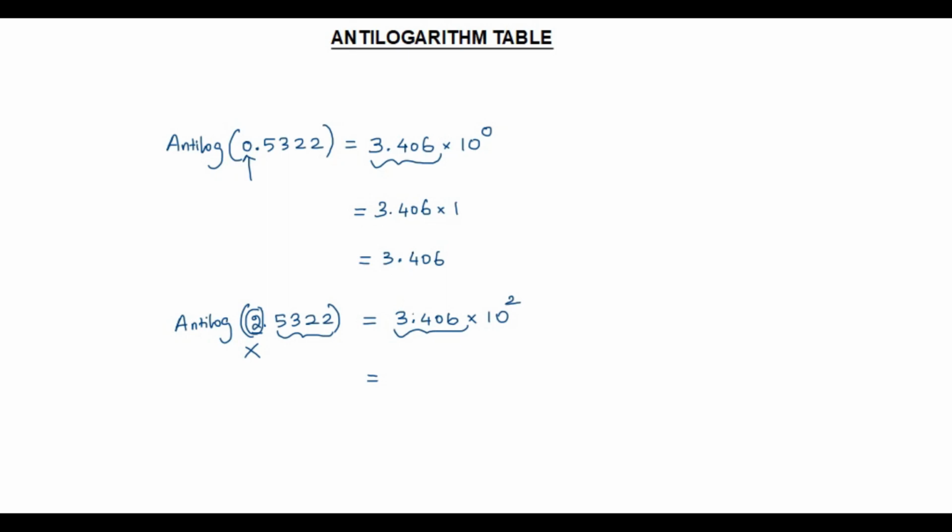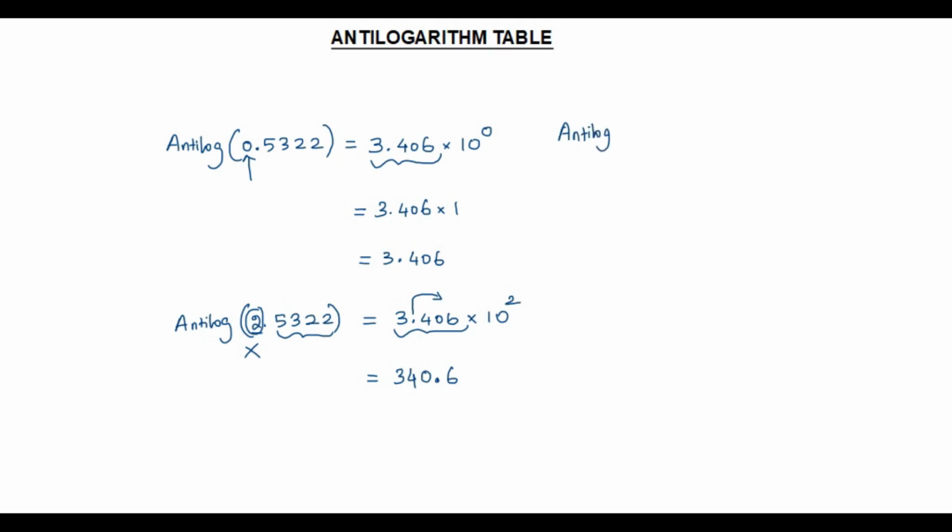Whenever I multiply a number by 100, the decimal point has to be moved 2 digits to the right. Here in 3.406, if I move the decimal point 2 digits to the right, I will get 340.6. So the antilogarithm of 2.5322 is equal to 340.6. Okay, let's look at the next example.